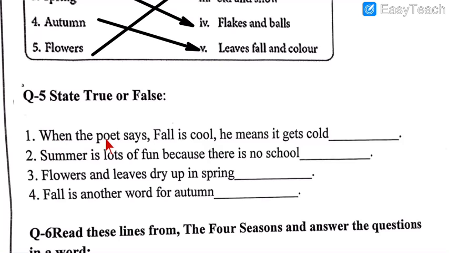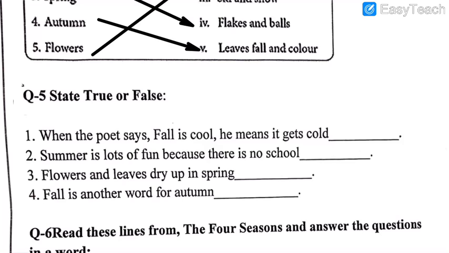Number 1. When the poet says fall is cool, he means it gets cold. Read it and understand it and then write true or false. When the poet says fall is cool, he means it gets cold. Your time starts now.